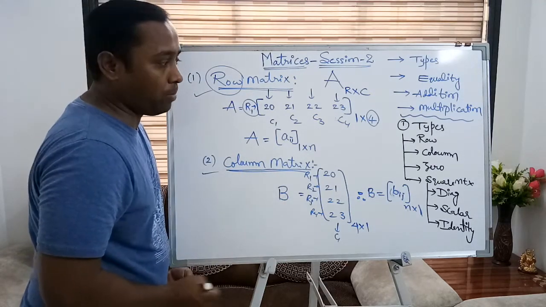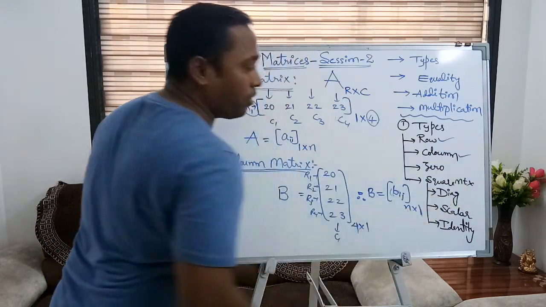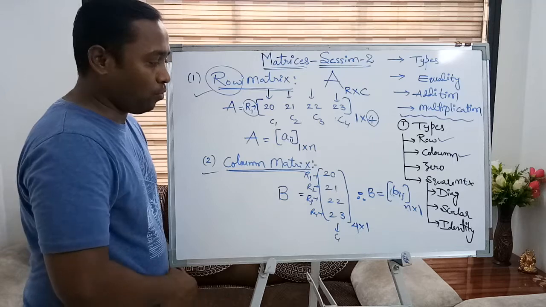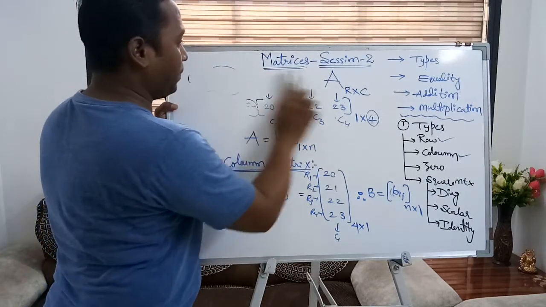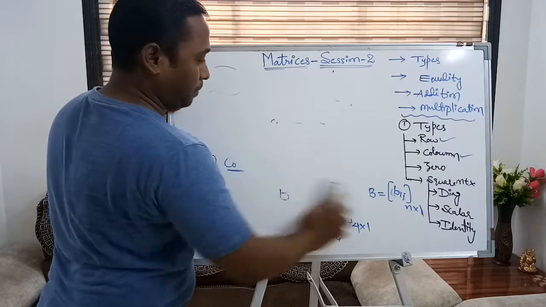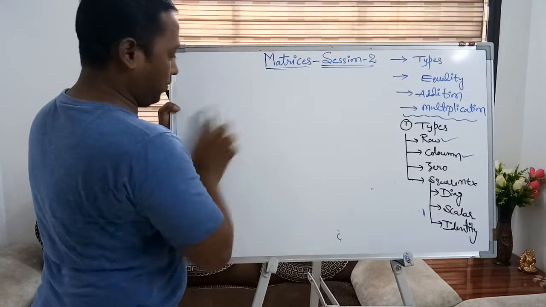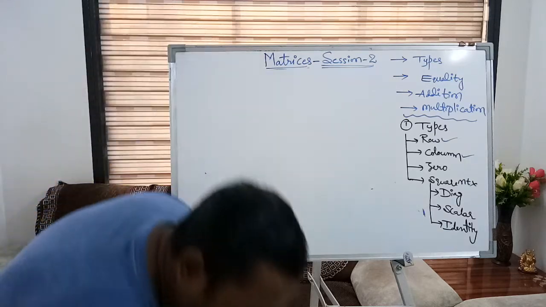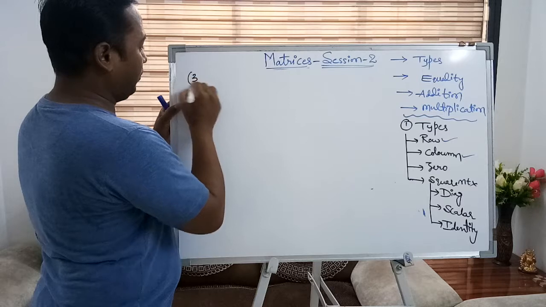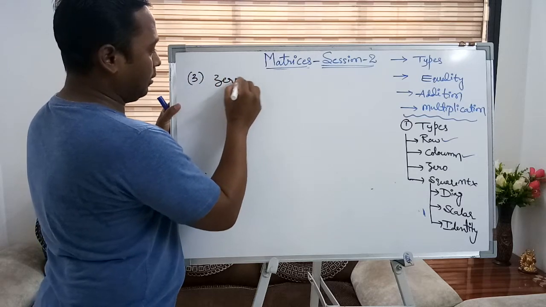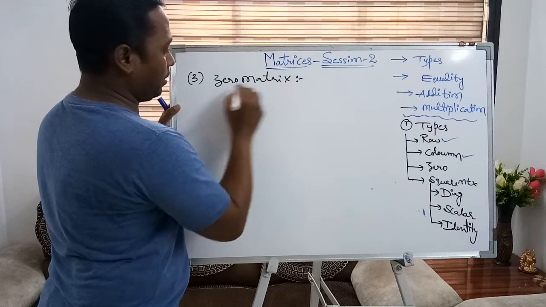Coming to the zero matrix. Row matrix is done, column matrix is done. Now we are going to discuss the zero matrix. What is a zero matrix? Just imagine what the name says.